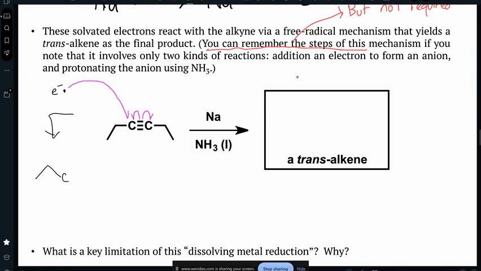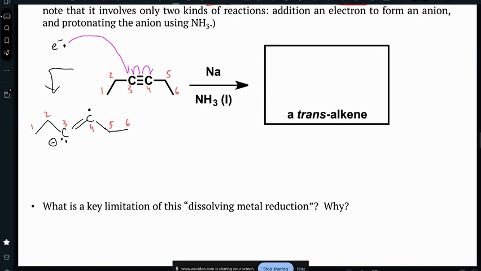So now one carbon has an anion. The other carbon from the triple bond has a radical. Just to keep track, I'm going to number. Okay, so I've created a radical and I've created an anion.